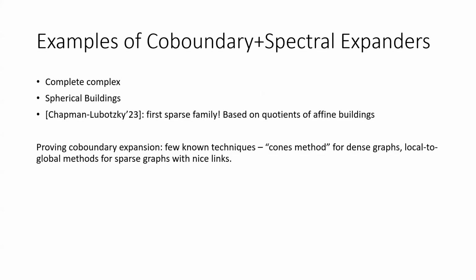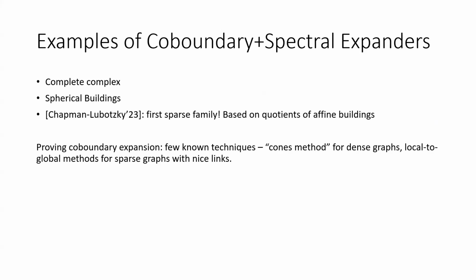And let me just say that for proving coboundary expansion, we just have a few techniques. One technique is called Cone's method, which is a generalization of this propagation argument that I just showed you. This works for dense graphs which already have a lot of triangles, so it's easy to analyze the propagation.